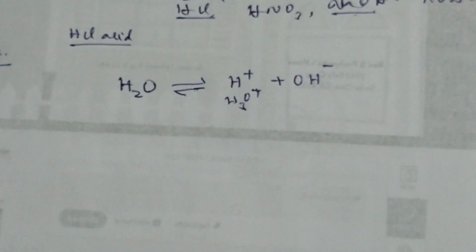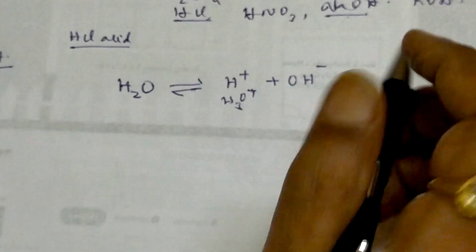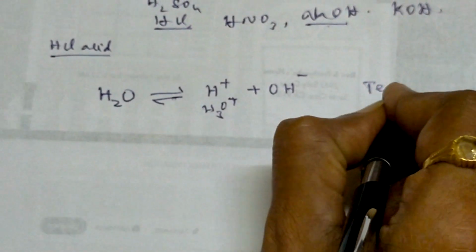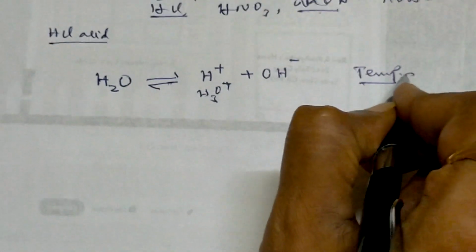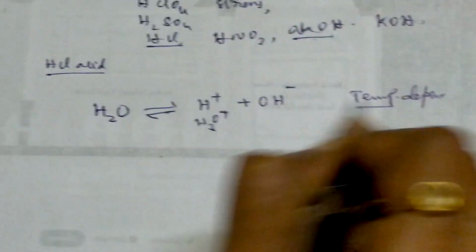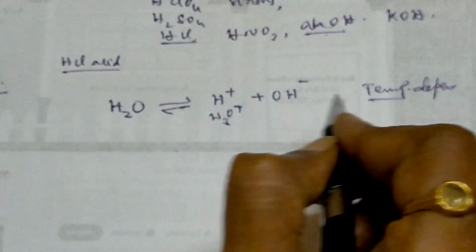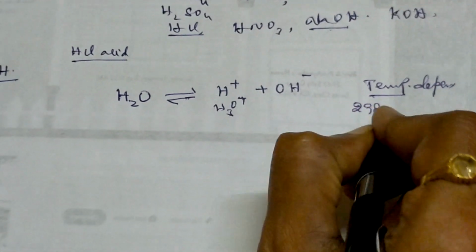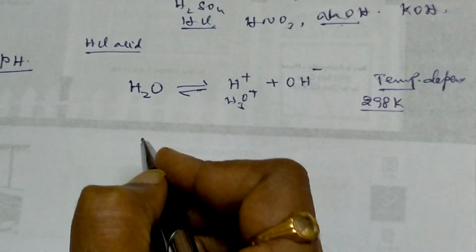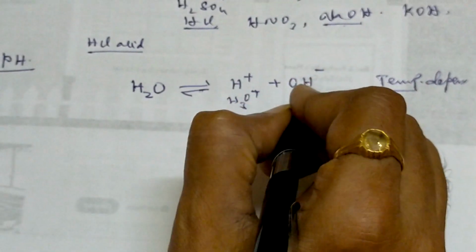H plus or H3O plus, one and the same. How much does it dissociate? Remember very carefully and please listen carefully, the dissociation is temperature dependent. H2O dissociates at a particular temperature, normally 298 Kelvin, that is 25 degrees centigrade, into H plus and OH minus.